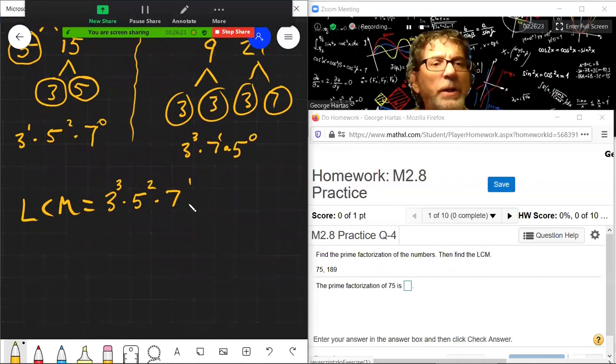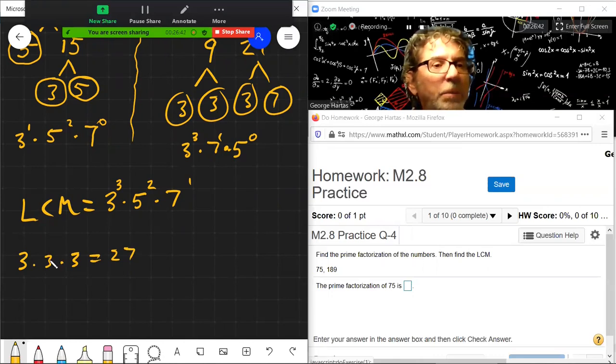So let's do it down here. Now, remember, this is the same as 3 times 3 times 3. It's not 3 times 3, it's 3 times 3 times 3. And this is 27. 3 times 3 is 9. 9 times 3 is 27. This is 25, correct?